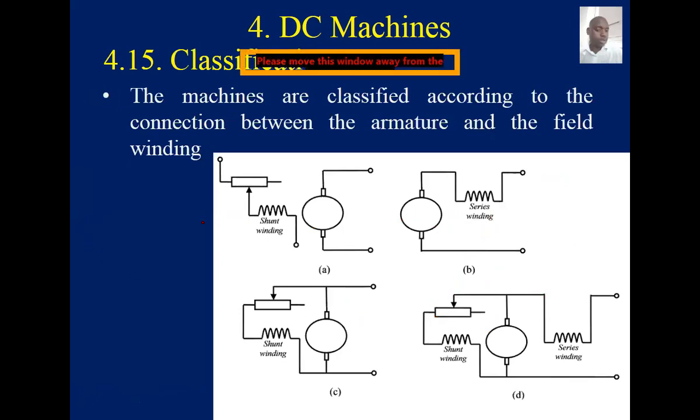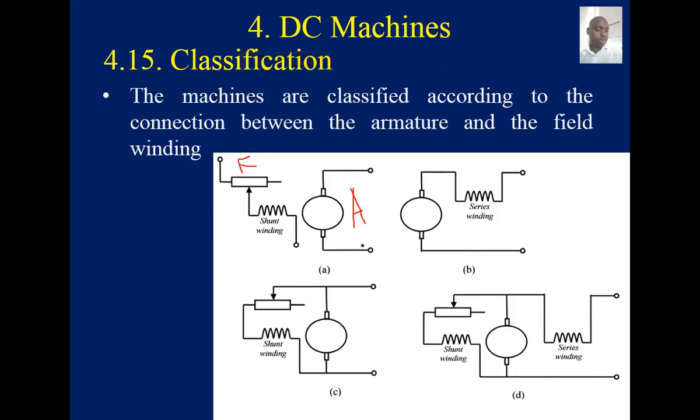Then the classification of DC machines is basically due to the way they are connected. We said the machine has a field winding and an armature winding. So the way the armature winding and the field winding are connected will determine what we call that machine.